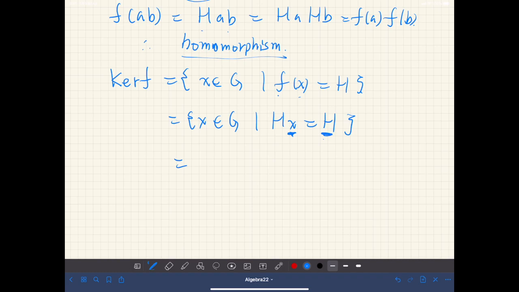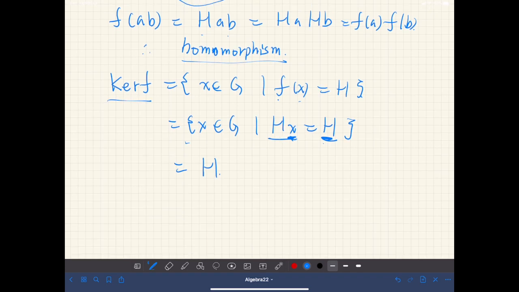Because of this equation. So this subset is H itself. Therefore, the kernel of this mapping f is the normal subgroup H itself. And we are done.